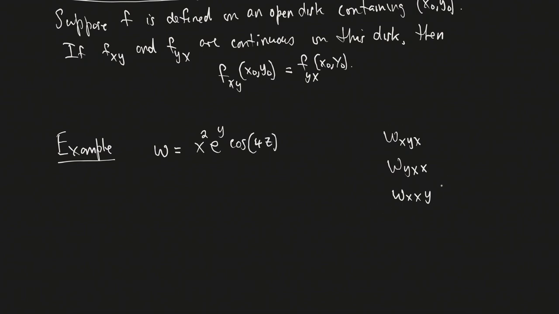What I want you to take away from this is that we're going to find three third partial derivatives, and for each of these, we will do exactly two derivatives with respect to x and one with respect to y.